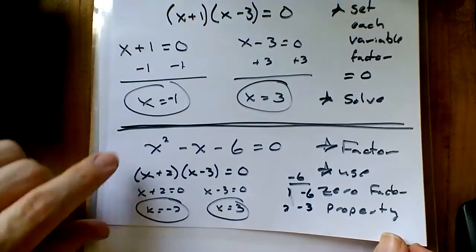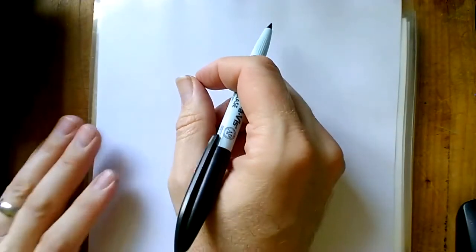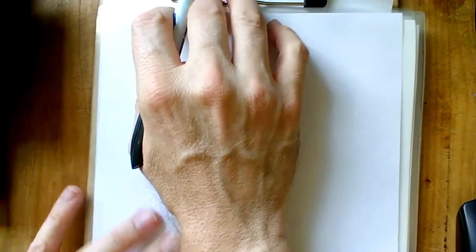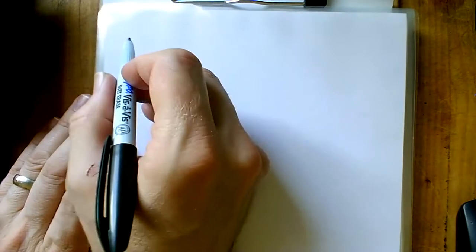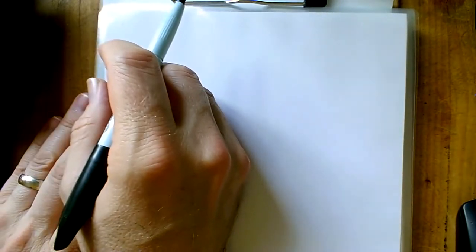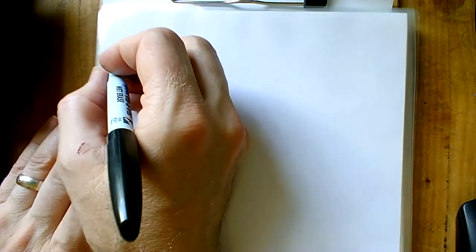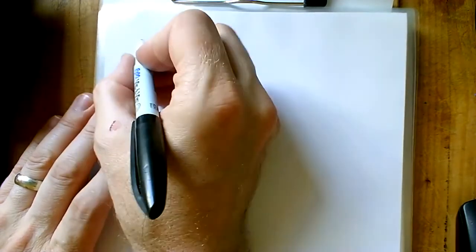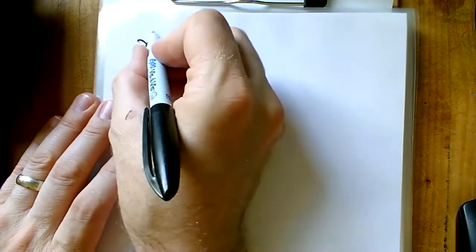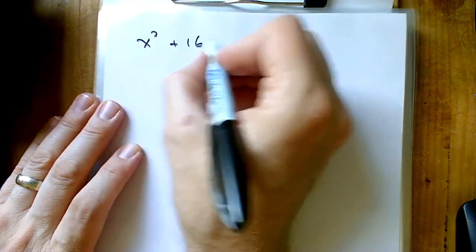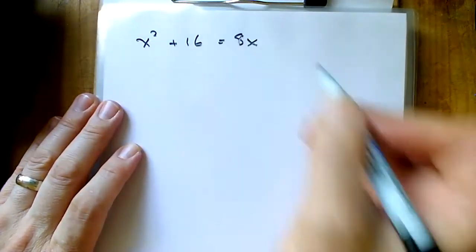Now, there's more than one way to do these, but this is by far the fastest way of solving an equation like this. A couple things to note is that if you don't have everything all on one side, you're going to need to move your terms to one side. So say we had something like x squared plus 16 is equal to 8x.